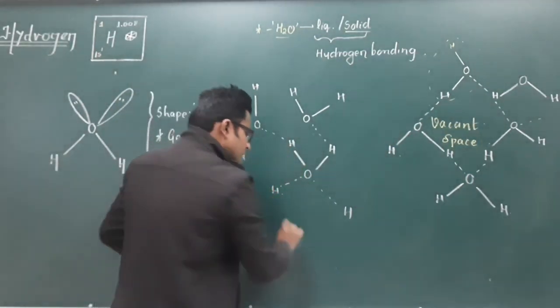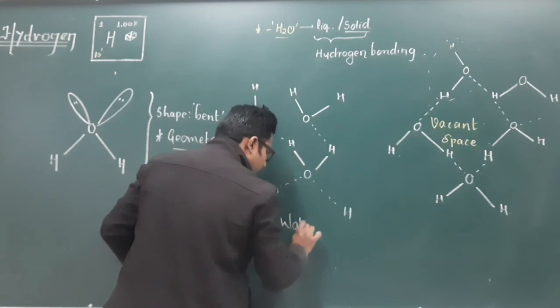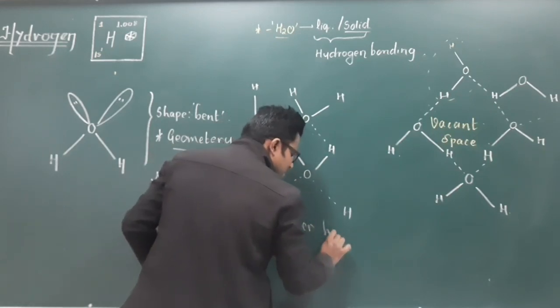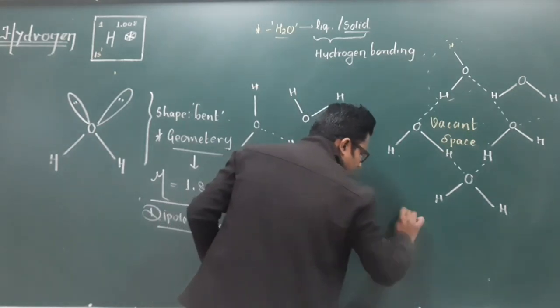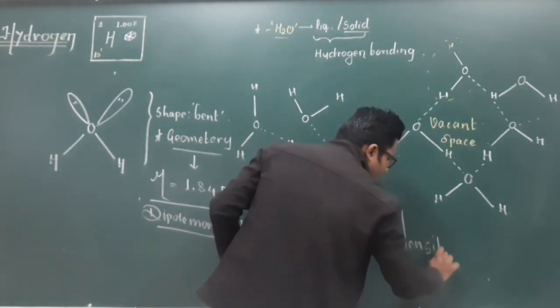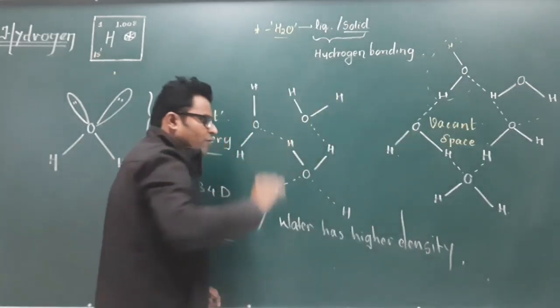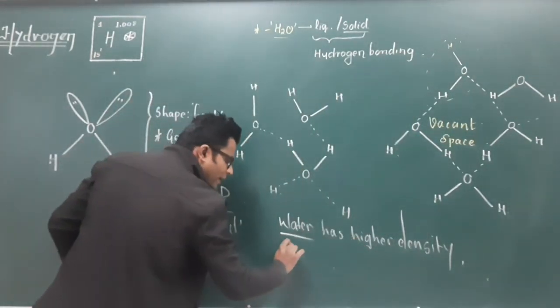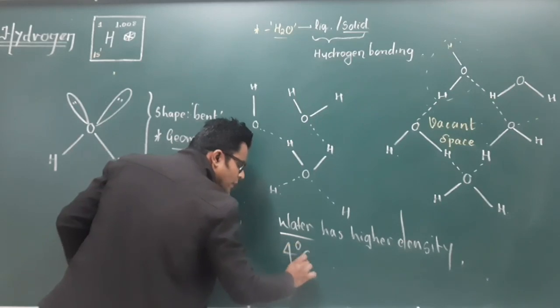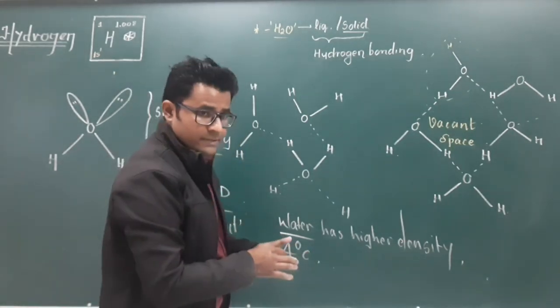Due to which the water has higher density when we compare it to that of ice. Usually the density of water is very high at 4 degrees Celsius.